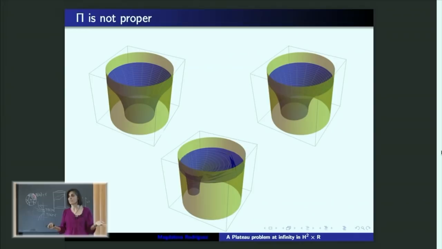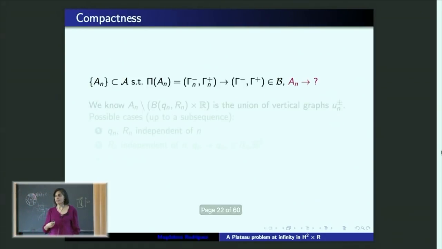So the limit is not in your family. So what we have to do is study the different sequences: the limit of sequences of annuli in your family whose boundaries converge, and that's the compactness result we need.